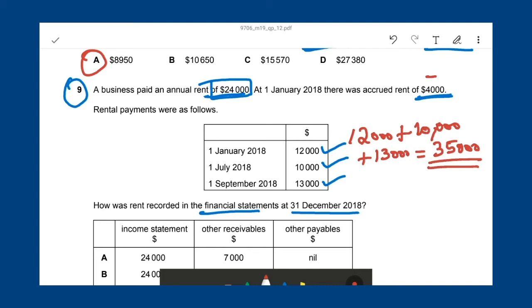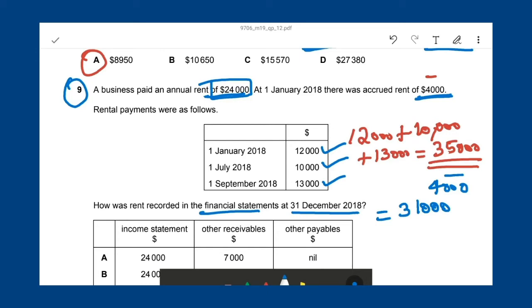Out of this, deduct opening accrued 4,000, and the balance is 31,000. This is more than the actual rent. Actual rent is 24,000. But the business paid 31,000. That means the business paid some amount in advance.